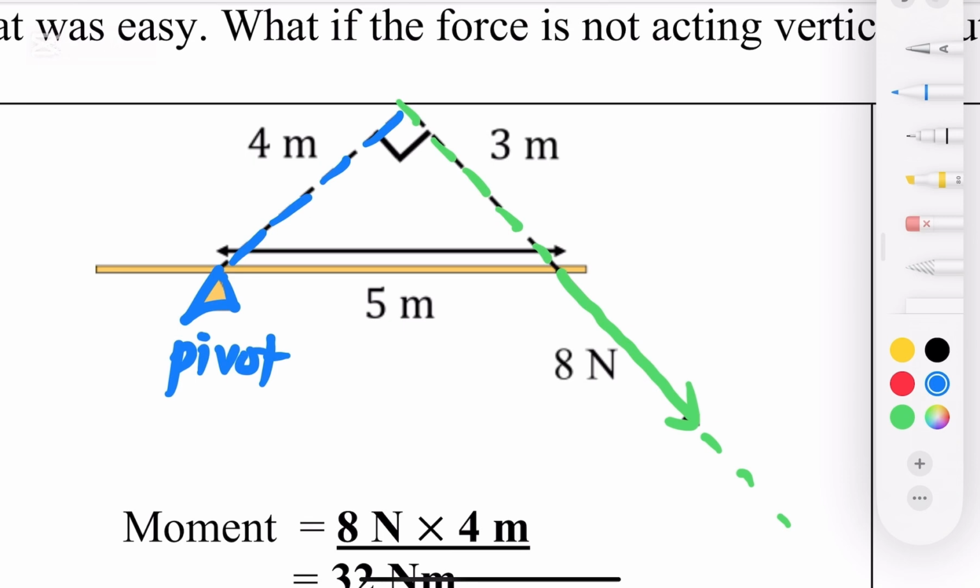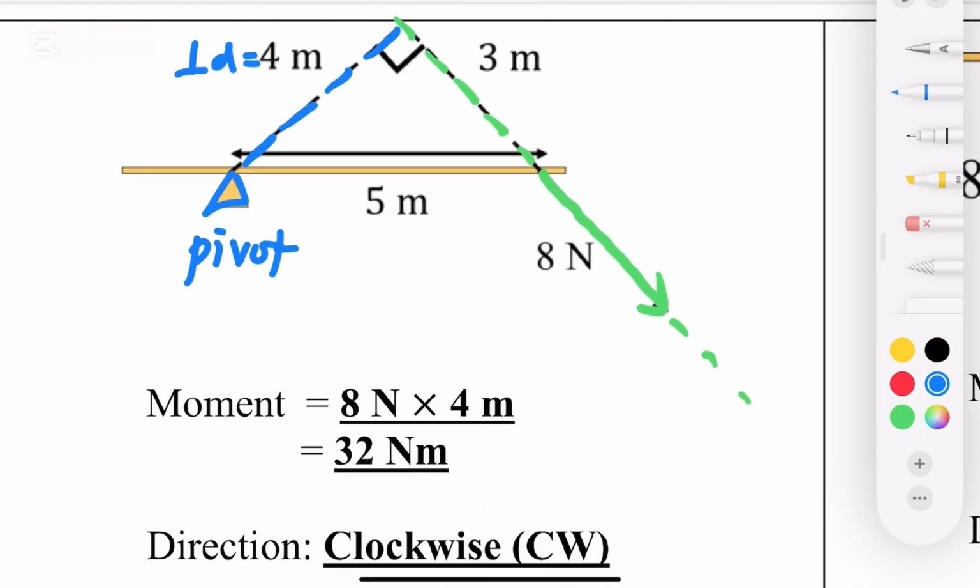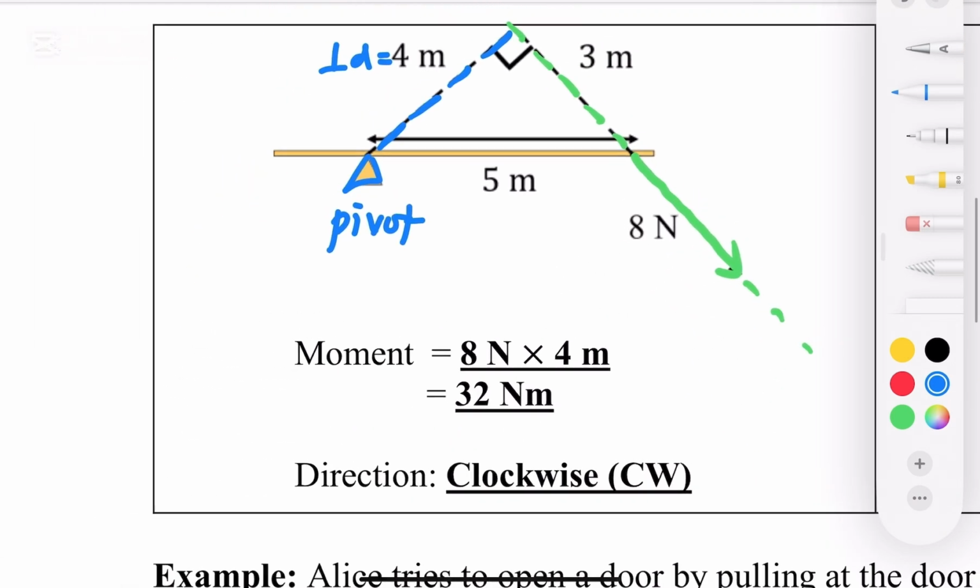Now we have identified that the perpendicular distance in this scenario is 4 meters. Once we have identified that, everything else is the same as before. To find the moment, you multiply the force, which in this case is 8 newtons, by the perpendicular distance, which is 4 meters, which we identified earlier.